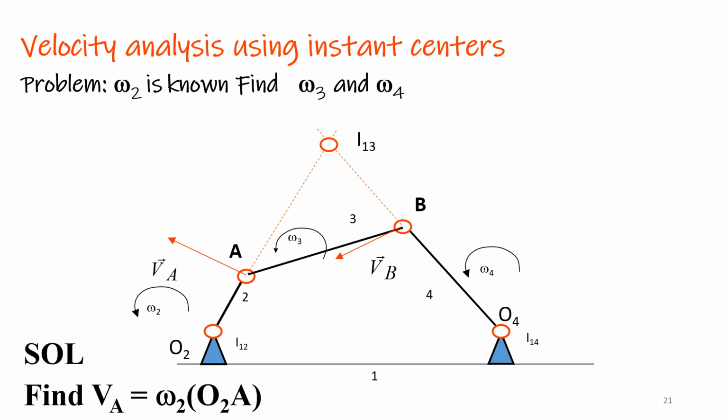Va can be found from the given data as per the formula Va equals omega 2 into crank radius, that is O2A. Now extend O2A and O4B so that these lines intersect each other at a point that we will call I13, the virtual instant center. Now measure I13A and I13B.